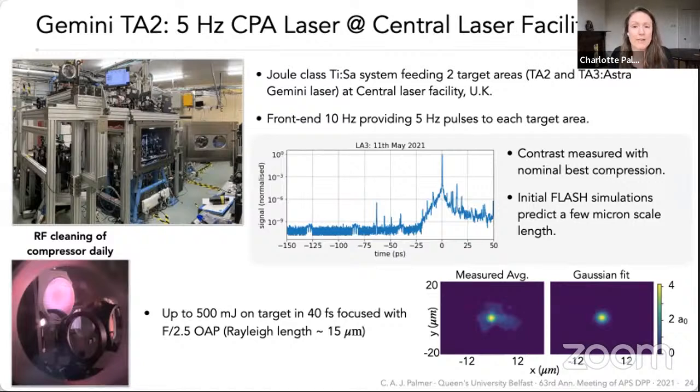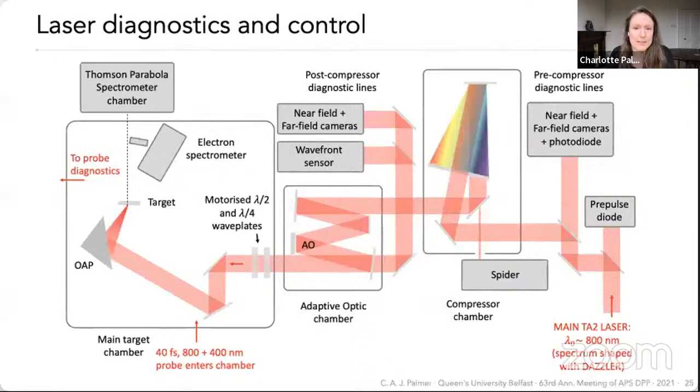So our corresponding Rayleigh range, where we had a high intensity region, is approximately 10 microns either side of focus. In order to monitor and control our system, we've got sets of standard diagnostics and optical elements along the path. So here you can see a simplified cartoon where our stretched amplified pulse enters from the bottom right.